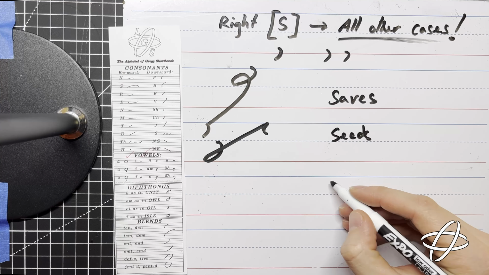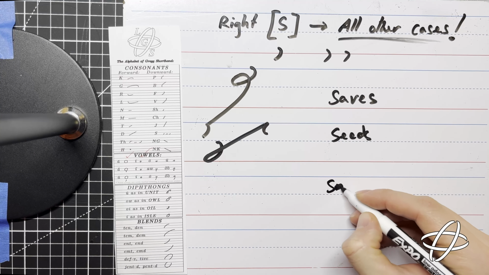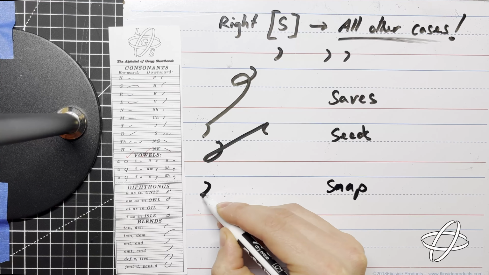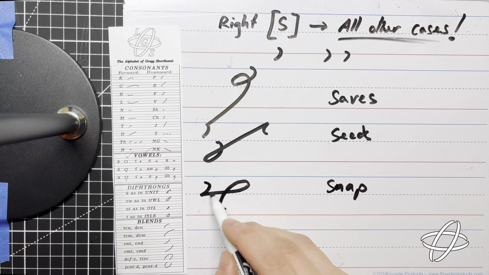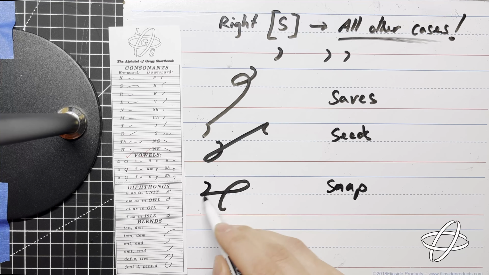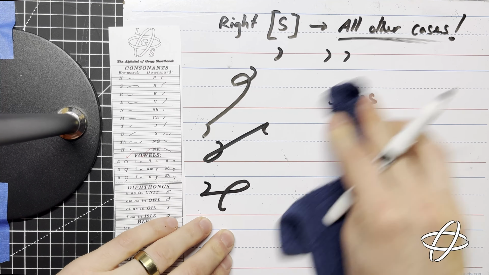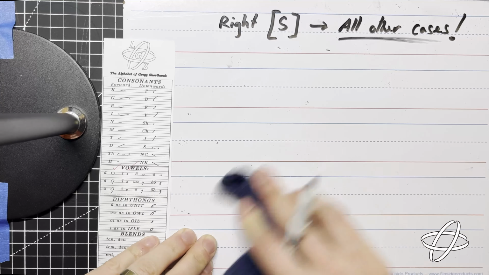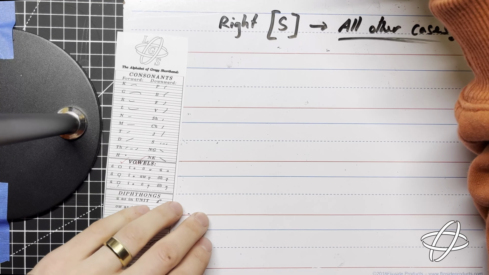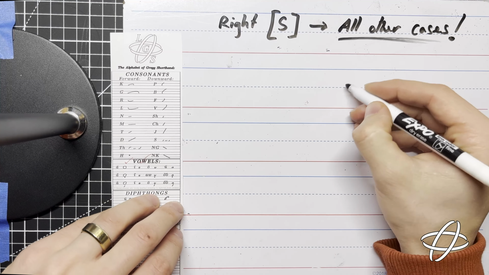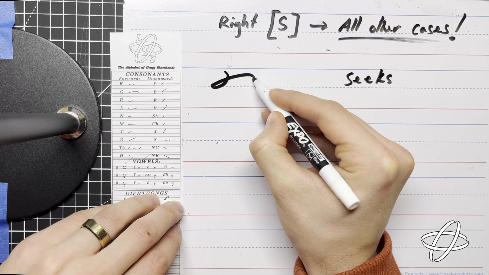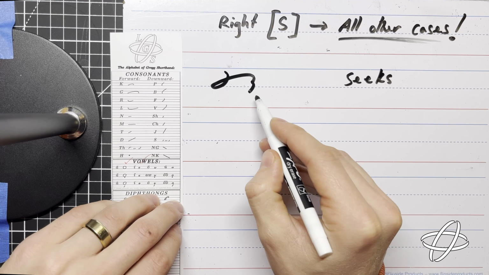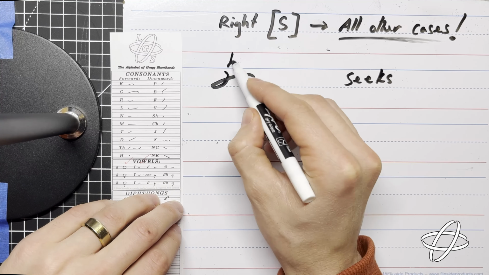Let's do the word snap. Snap. S-N-A-P. Snap. Okay, again, curling back on itself increases the contrast for visualizing the S stroke. Let's do a couple more. Seeks. S-E-K-S. So we have two S's here, both of them right motion.